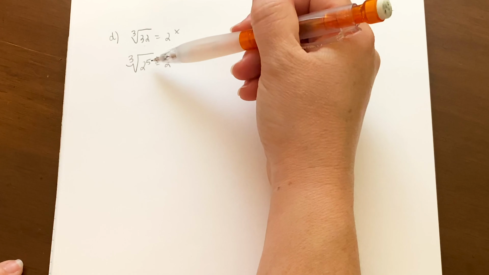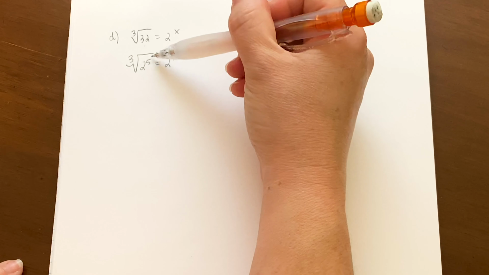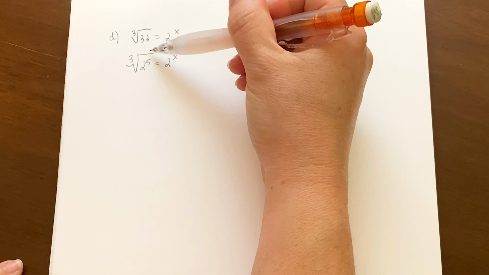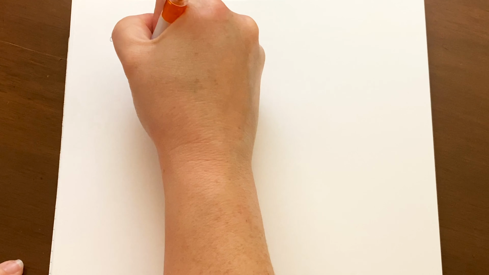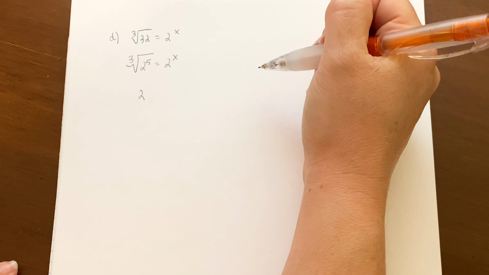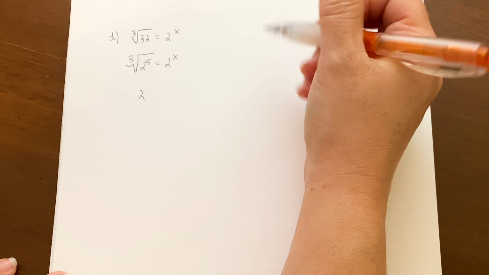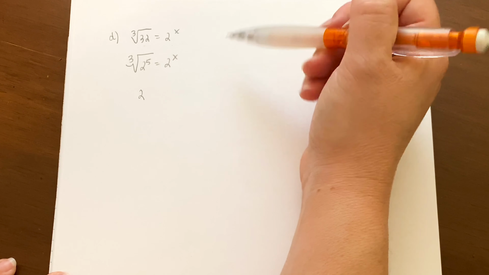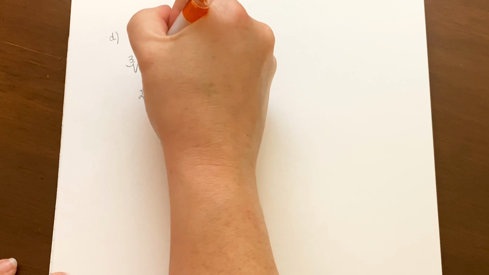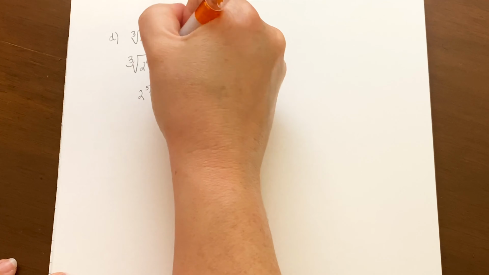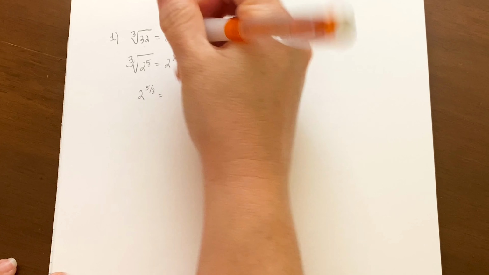Now, in the previous lesson, we learned that you can rewrite a radical expression as a rational exponent. You keep the base 2, and then it becomes a fractional exponent. Do you remember where the root goes? Just like a tree, the root goes on the bottom. So the power 5 goes on the top, the root 3 goes on the bottom.